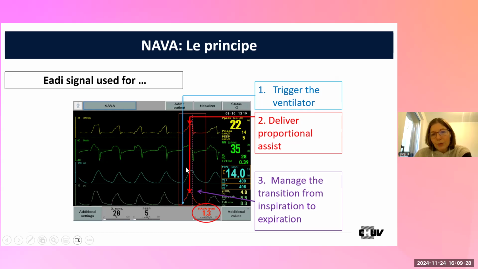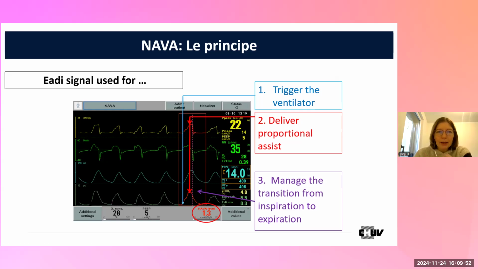And finally, with NAVA, the electrical activity of the diaphragm signal, the EADI, is used to manage the transition from inspiration to expiration. Then this replaces the usual expiratory trigger based on decrease of inspiratory flow we know in pressure support, for example.